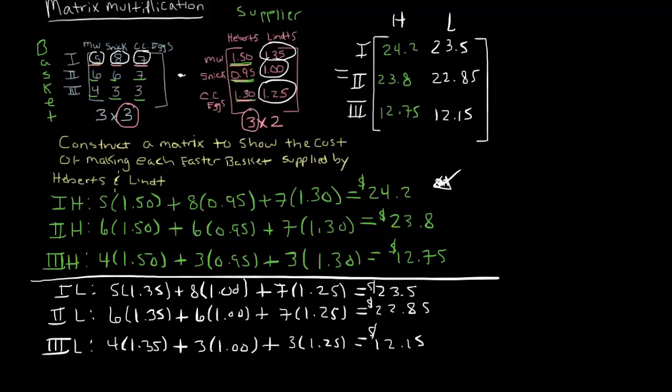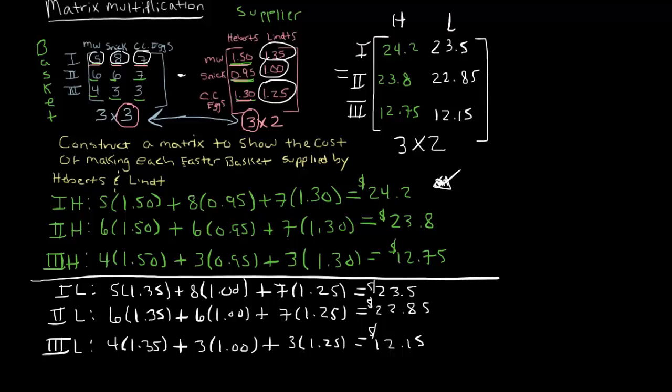So it is very important that when you multiply matrices, the number of columns in the first matrix is the same as the number of rows in the second. That's one thing to notice. The second thing to notice is that our new matrix has dimensions 3 rows, 2 columns.